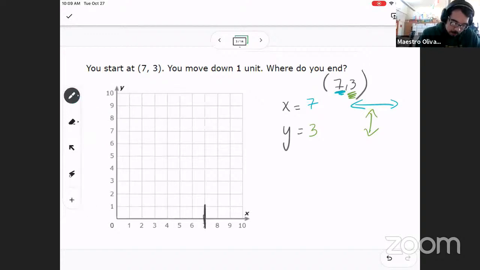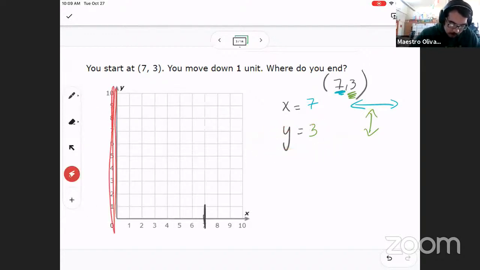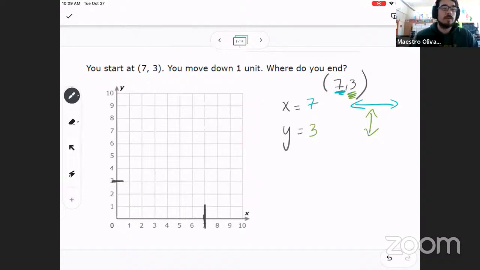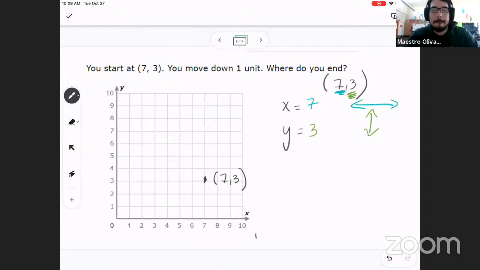Y equals 3 is going to be on this line here, exactly right here. So then where's the point? Well, you're going to see where they meet up. That's the point we're looking for. This point is (7, 3).